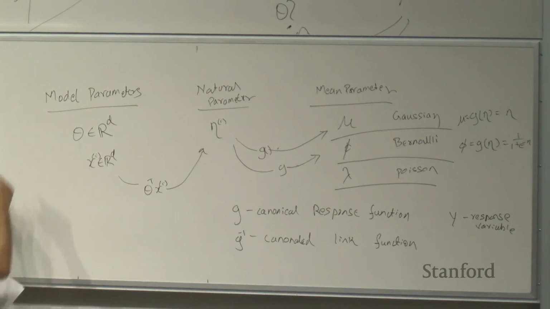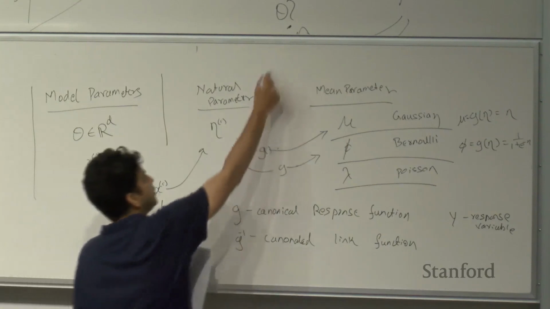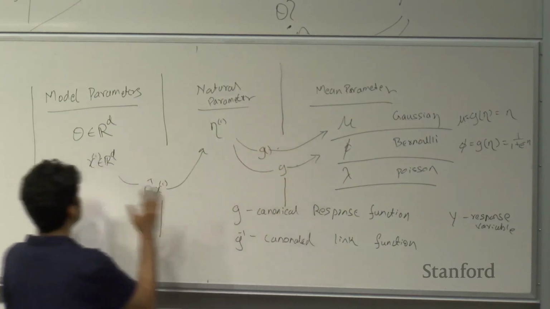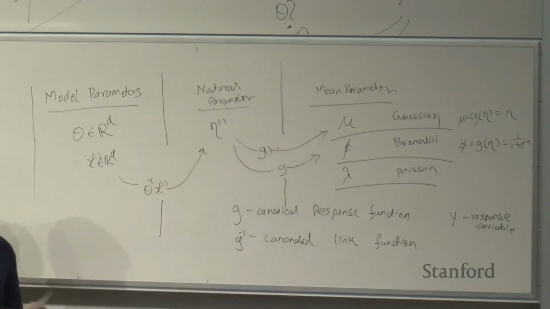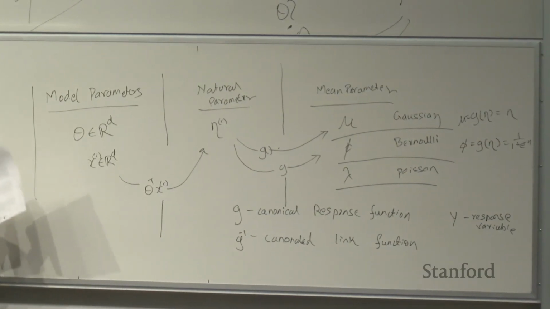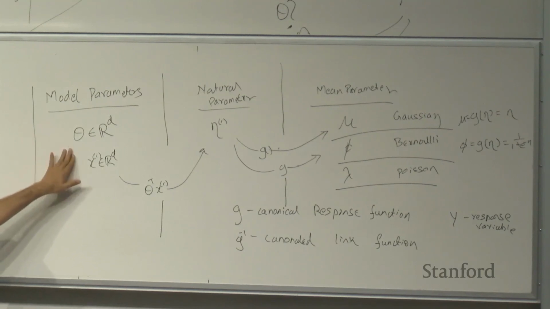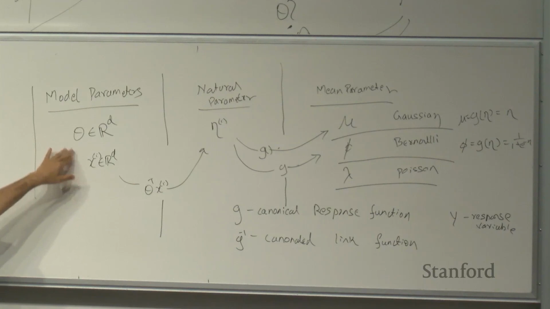And the thing you want to keep in mind is that there are 3 different kinds of parameters we can talk about. So the first is the thetas, and when you perform gradient descent to perform maximum likelihood on your generalized linear models, these are the parameters that get trained, right? These are the parameters that we are adjusting in each step of gradient descent or stochastic gradient descent, right?